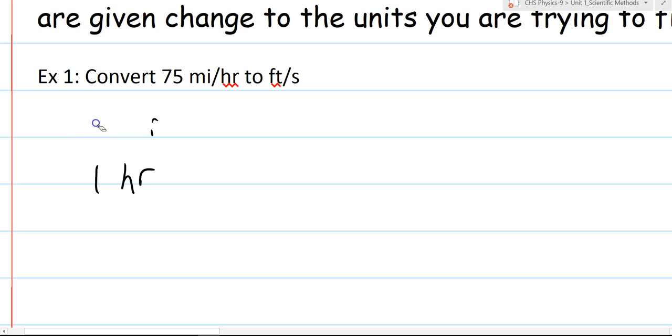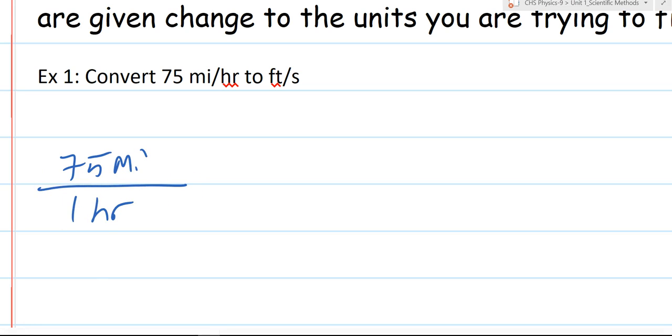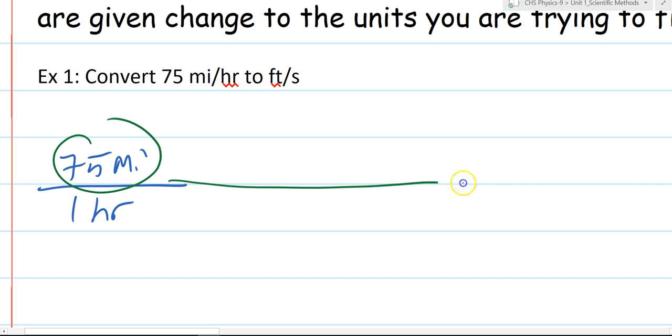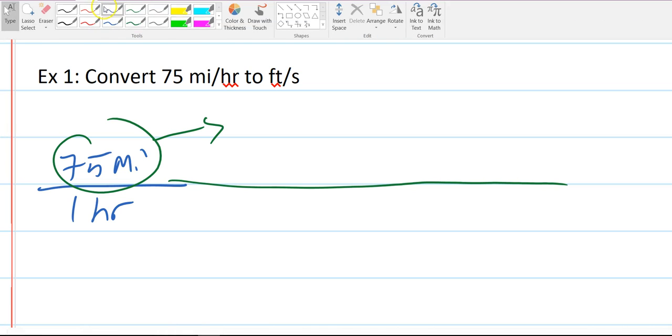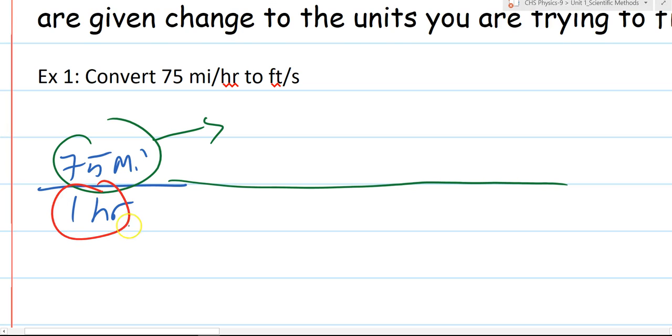I'm going to take the stuff on the top, and we're going to split it. This is going to do its own thing, and then in a different color, this is going to do its own thing over here.